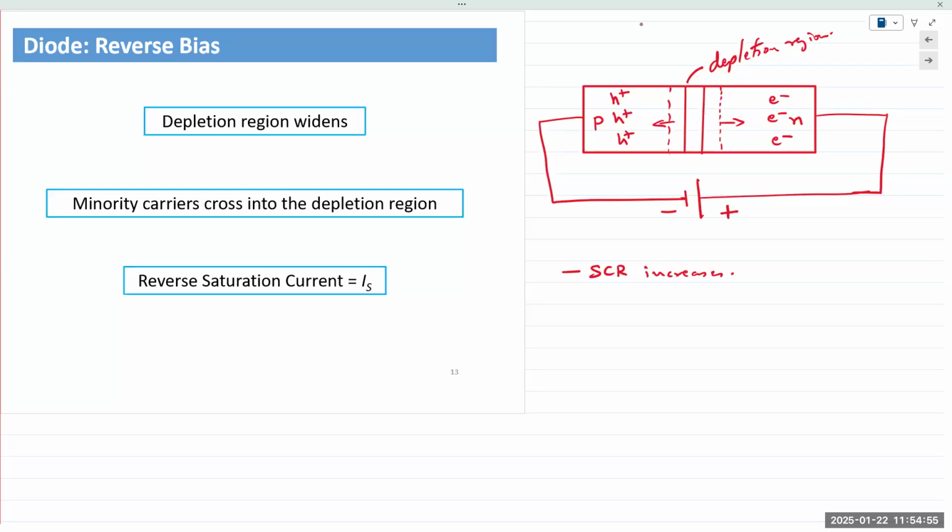In reverse bias, there are 2 effects that we'll look at later on, Zener and avalanche breakdown. But this is what happens right now, right? Only minority carriers are crossing over the junction. And that causes a reverse saturation current, which is known as IS.